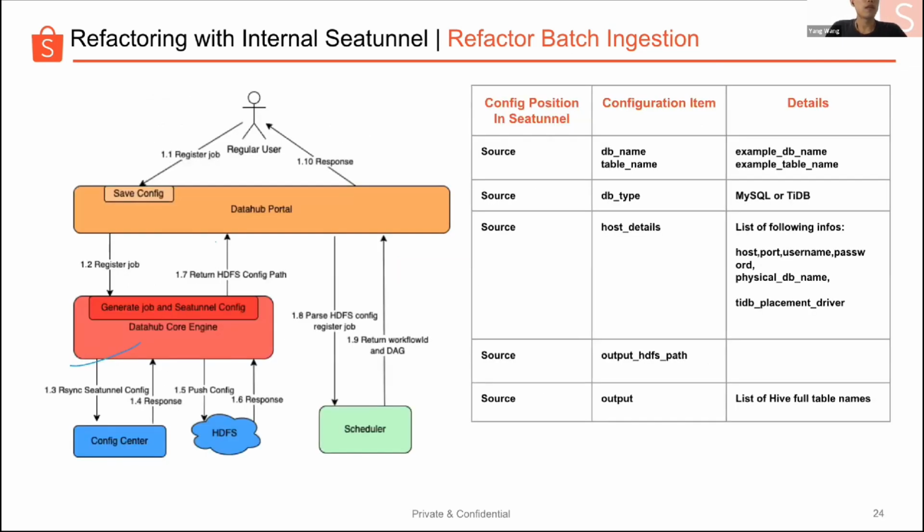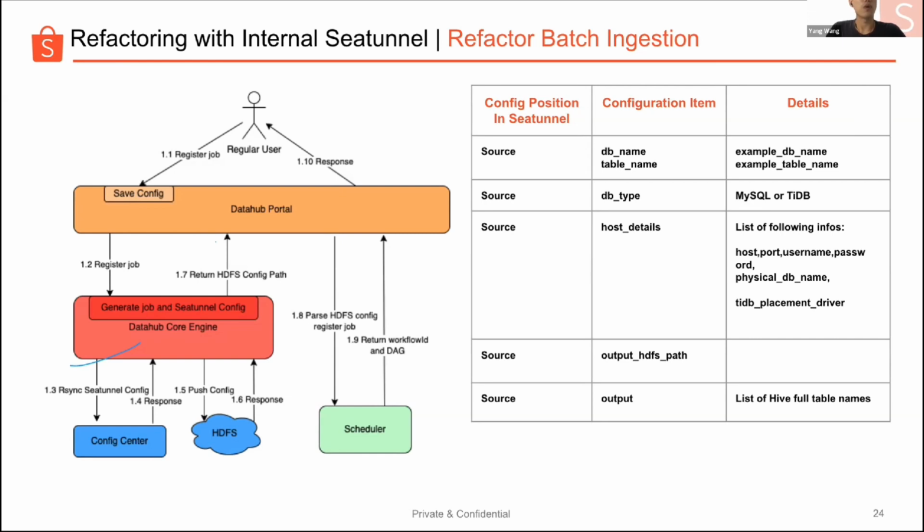Finally, let's see how DataHub creates the refactored batch ingestion job. The table on the right shows items of basic configuration of a task. After the user clicks the register button, this message in JSON format is passed to core engine of DataHub.